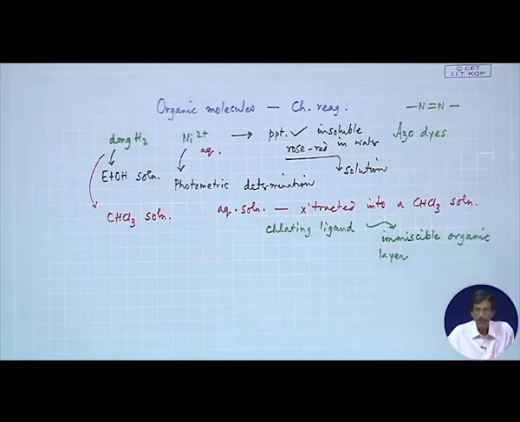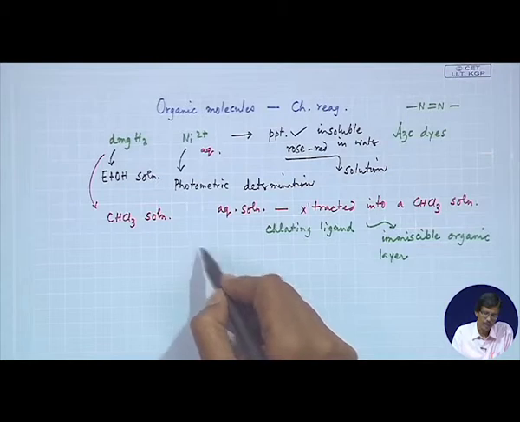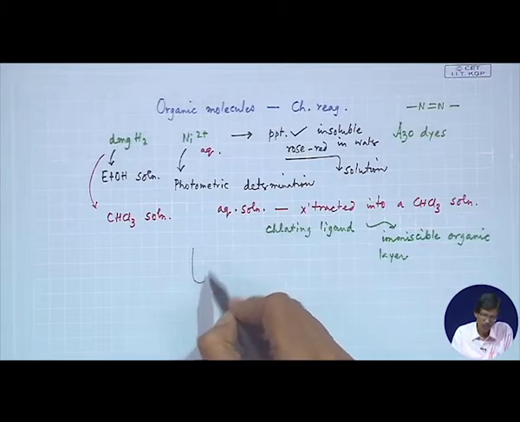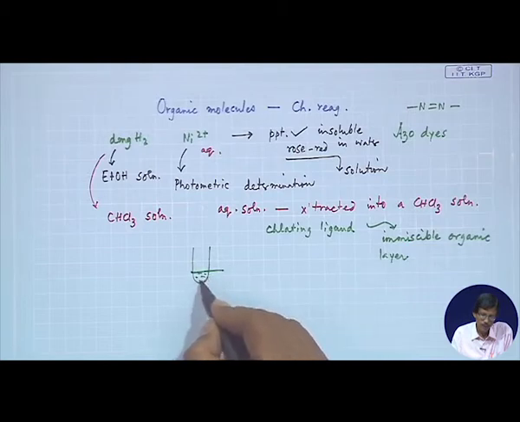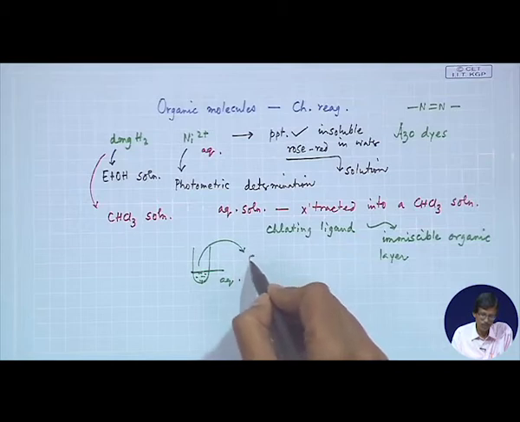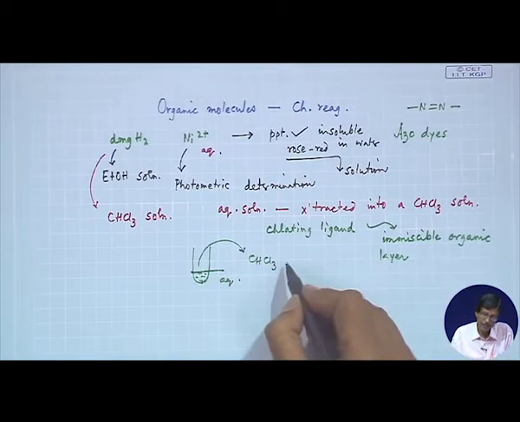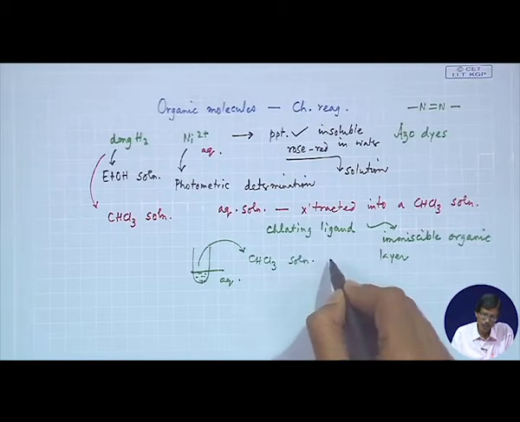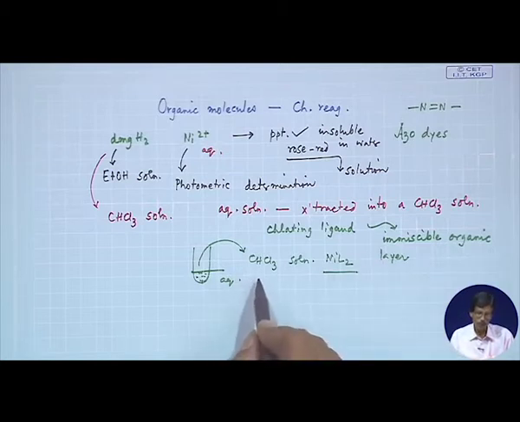Whatever nickel you have, you can use a separating funnel, or you can use a test tube also. So, you have the aqueous layer, and if we extract it with CHCl3, what you get is a CHCl3 solution of your NiL2. That means the nickel DMG complex is soluble in chloroform.